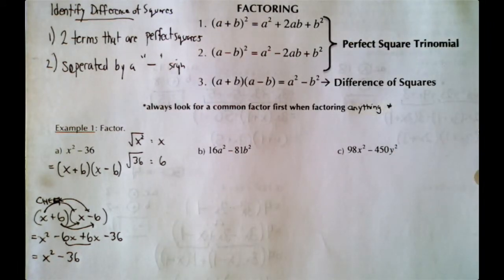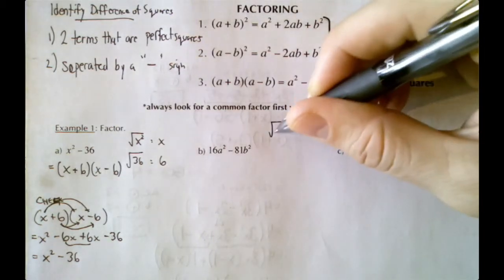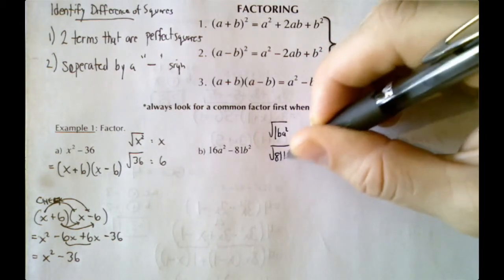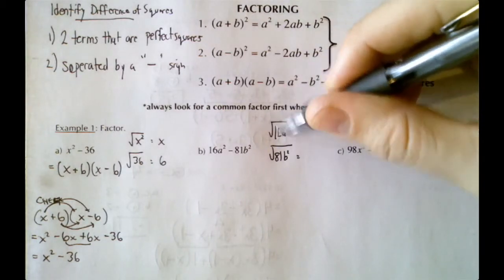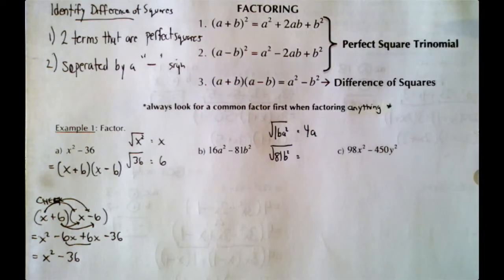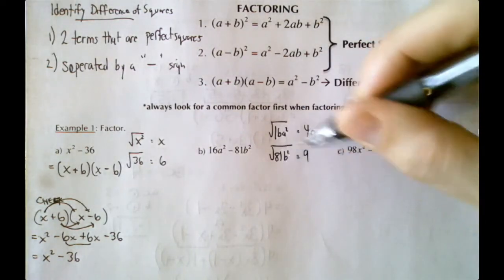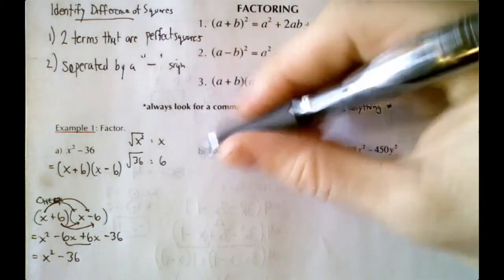16a squared minus 81b squared. Well, let's square root them both. Square root both parts. 16, the square root is 4. a squared, the square root is a. 81, the square root is 9. b squared, the square root is b. So we got 4a and 9b.